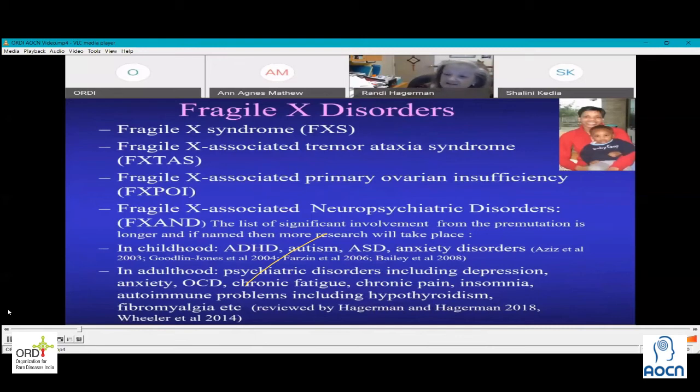In childhood, sometimes we see ADHD or hyperactivity. Occasionally, we see autism or anxiety disorders. But most of the problems with the premutation occur in adulthood, including autoimmune problems in many women, such as hypothyroidism, fibromyalgia, and you can read more about these problems in premutation carriers.